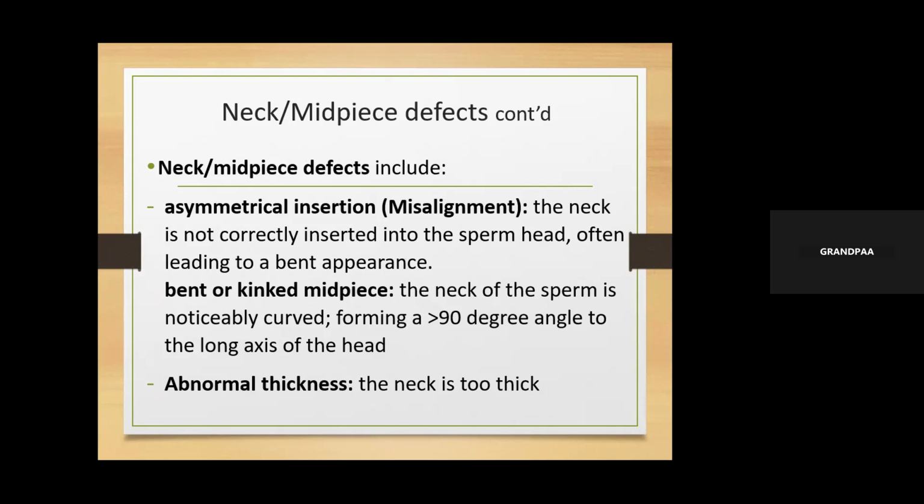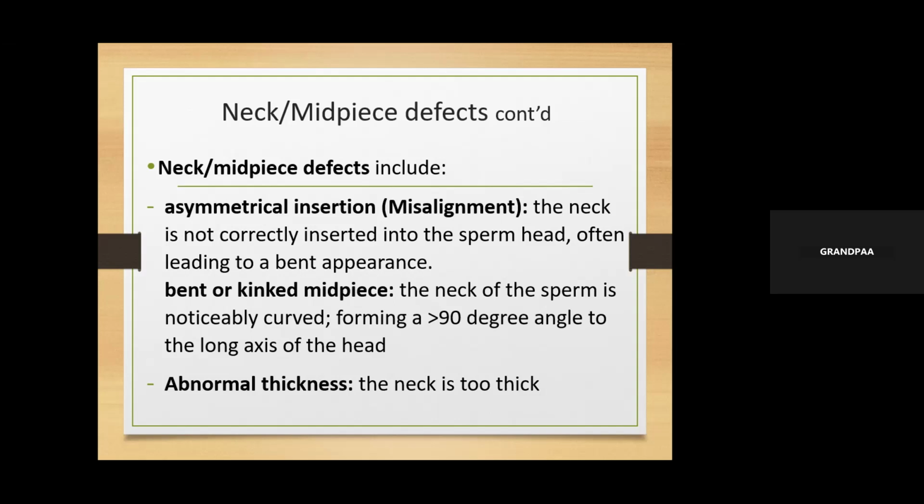So asymmetry is also described as misalignment. When we say something is aligned, it's like inserting correctly to give you the symmetry that you want. Once you don't get that, it is a misalignment. So asymmetry or misalignment, they are the same thing. And in this case, the neck does not insert directly into the sperm head.